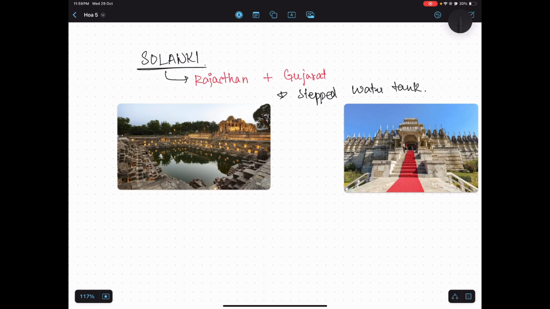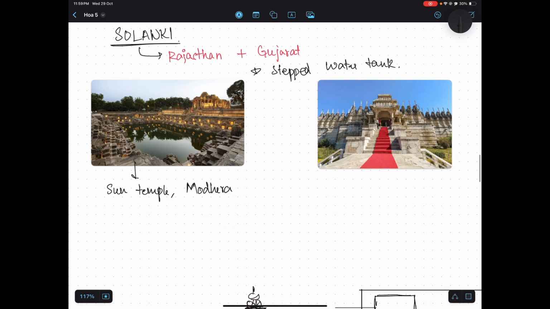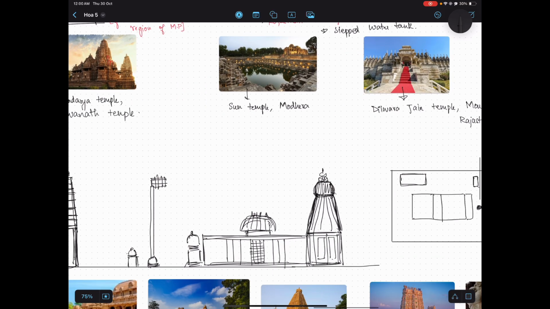So this is an example of the Sun temple at Modhera, which is in Gujarat, and this is an example of the Dilwara Jain temple, which is in Mount Abu, Rajasthan. So that is about the Nagara style.